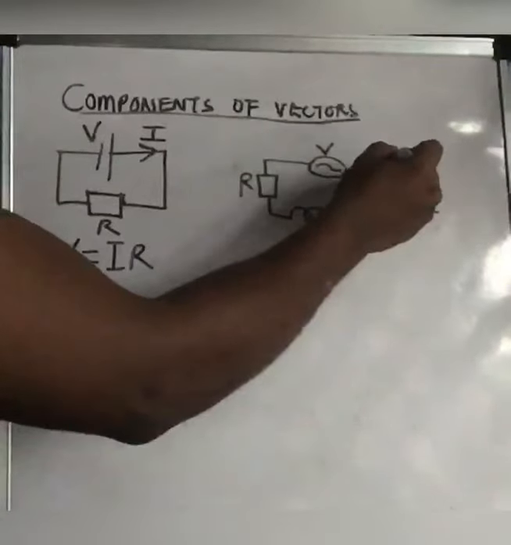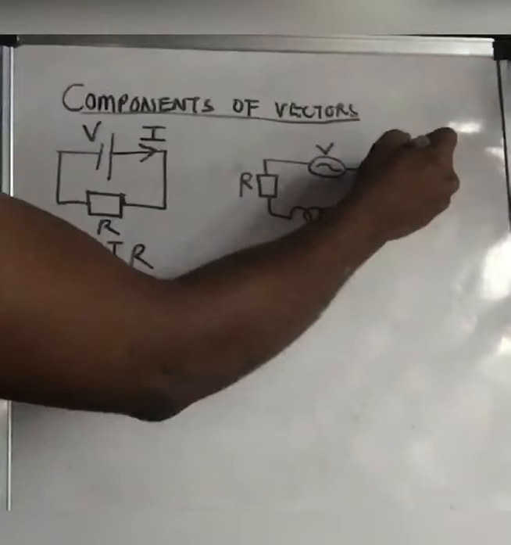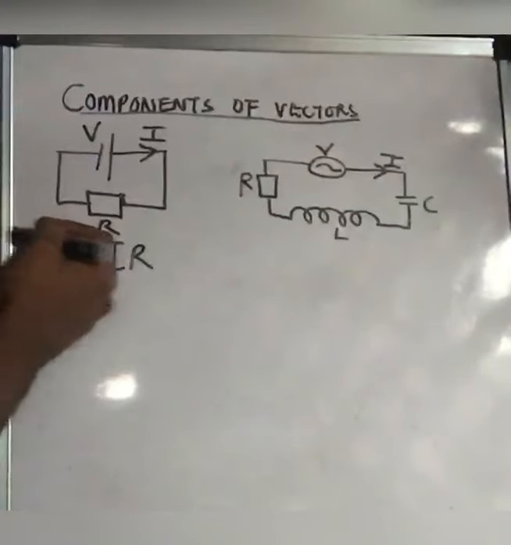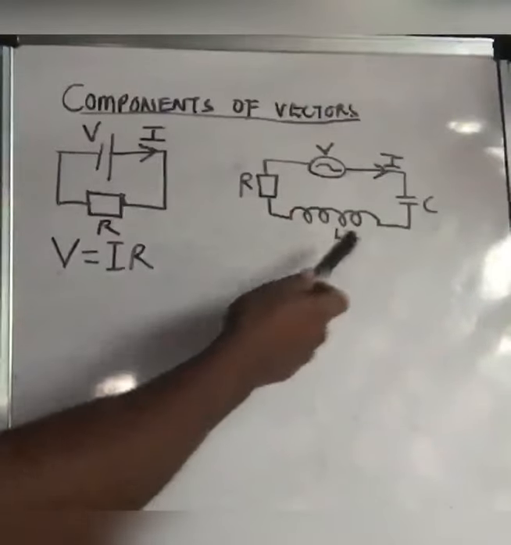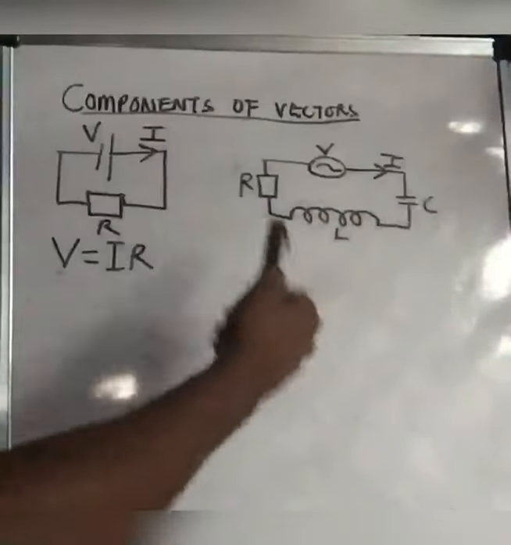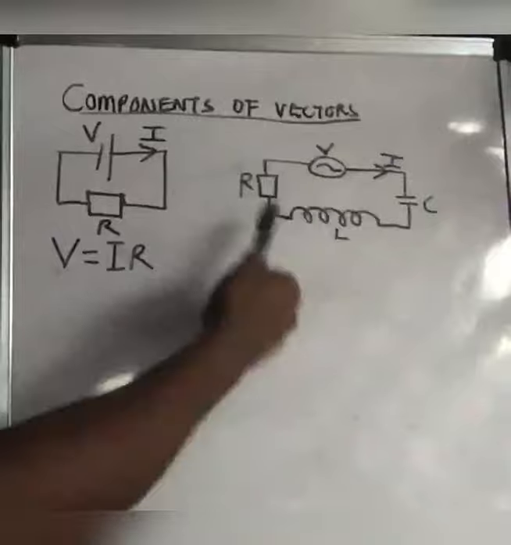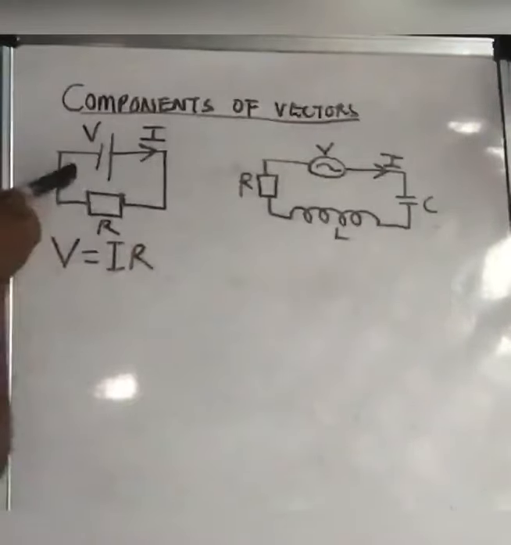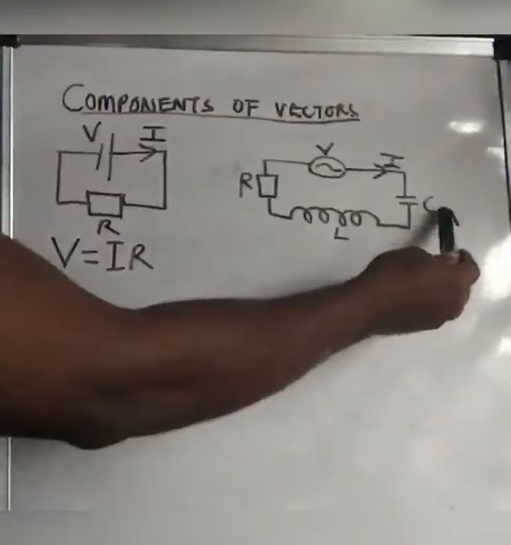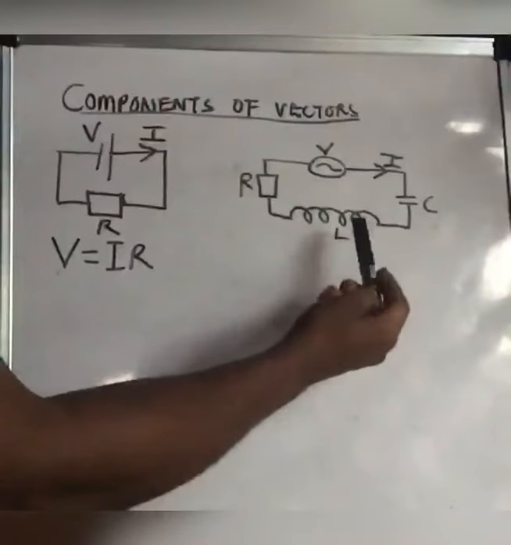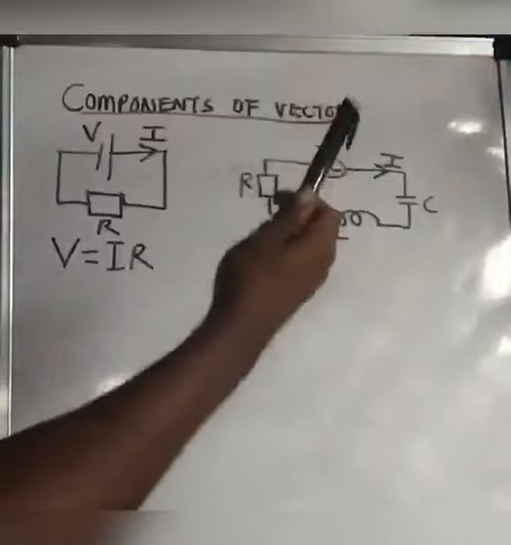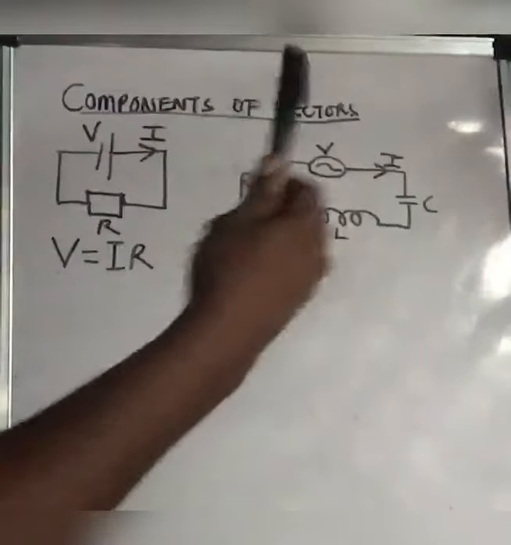Then your current flowing in the circuit. So the idea is that in an alternating current circuit, one of these two components should be involved. That's what makes it an alternating current circuit. Once it's losing this and this, it looks like this. It's a direct current circuit instead. So it might have all of these, or it might have just the resistor with one of these two. Just a capacitor, or just an inductor, or both.